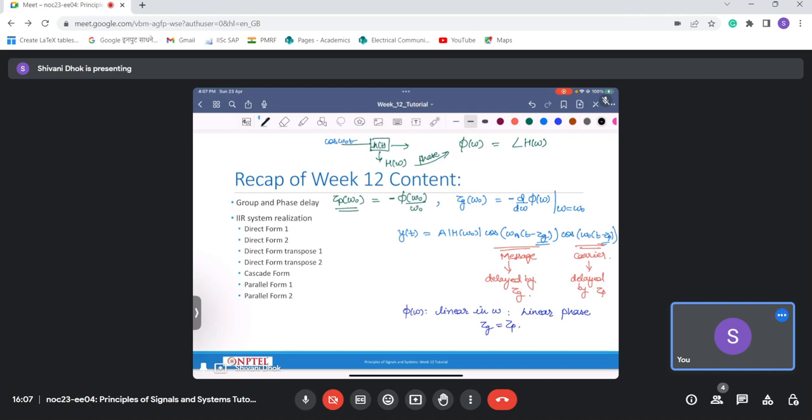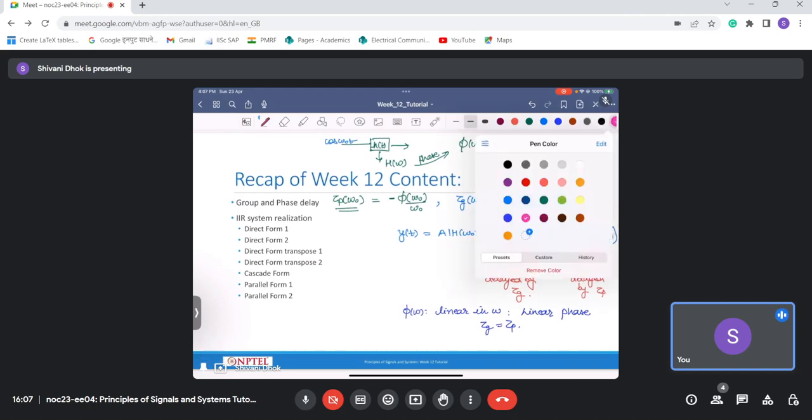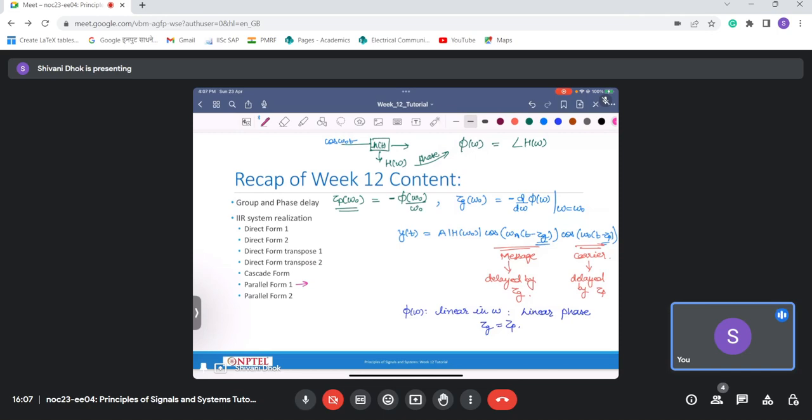So an important point to be noted for parallel forms is that for both of these we find partial fractions. For parallel form 1, we find the partial fractions form in Z inverse.